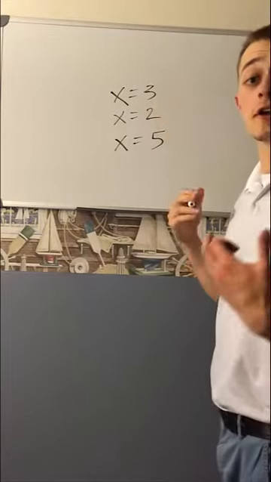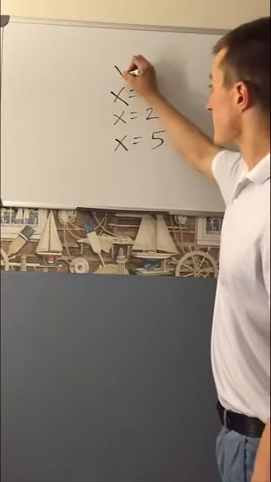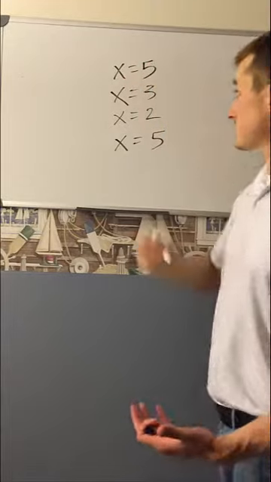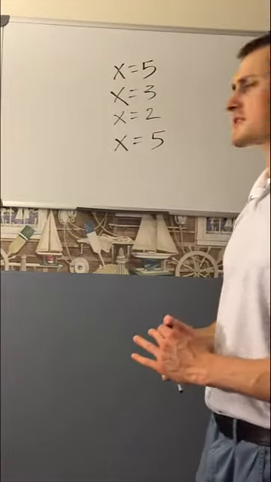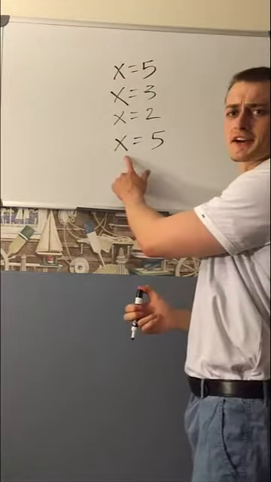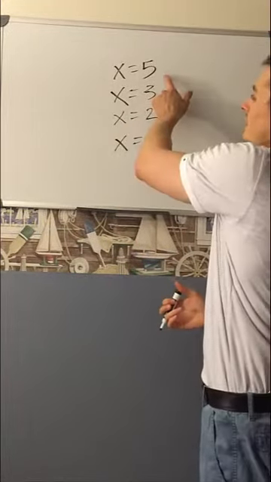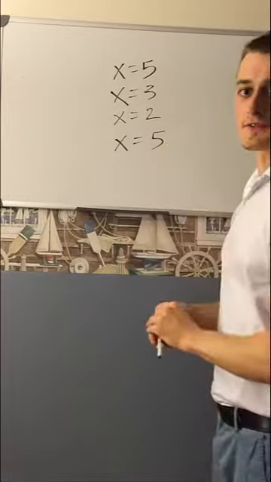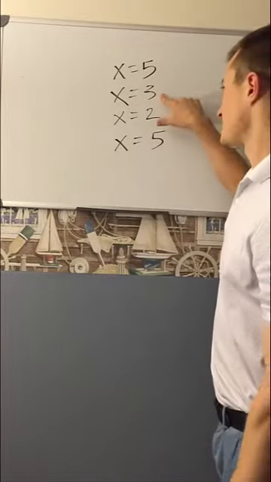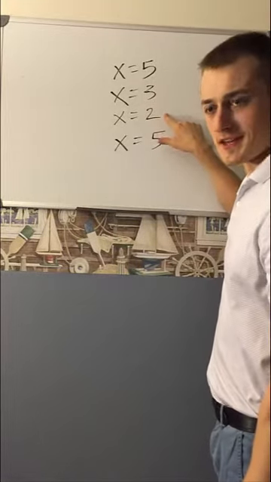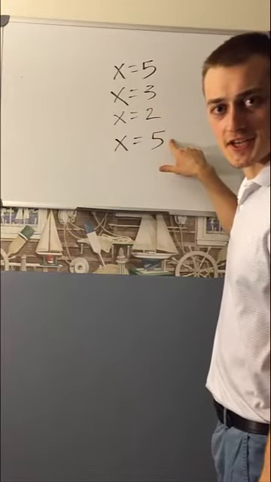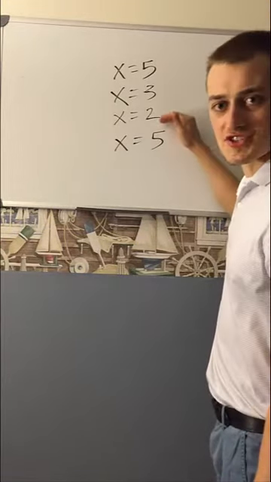And in our very first example, we said that x was equal to 5. And so you've noticed, even though we're using the same letter, this x thing here, its value is changing. The first time x was 5, the second time x was 3, and then it became 2, and then it ended at 5 again. So it changed every time.